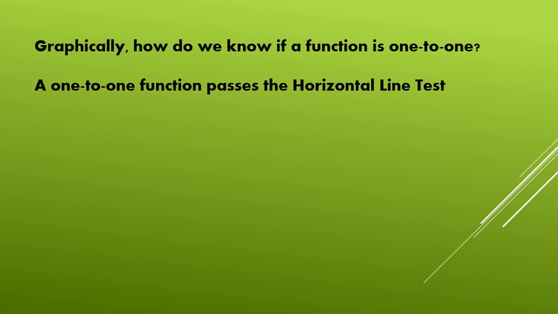Now, much like we had the vertical line test to see if we had the graph of a function, where we drew vertical lines anywhere on the coordinate plane, and if each line intersected the curve at only one point, then we knew that we had a function because it passed the vertical line test.